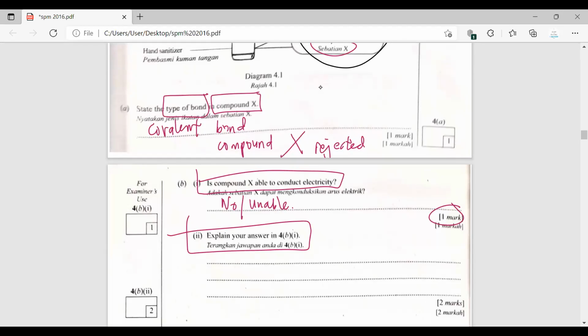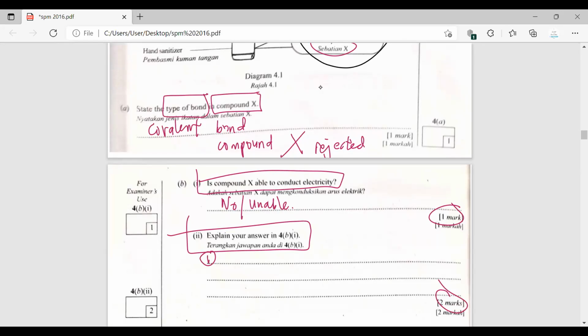Tell me, why not? 2 marks, which means to say you've got 2 points here. And it's always going to be these 2 points, very simple, same points. What are your 2 points here? Because it exists as a molecule. Very good, that's your first mark.